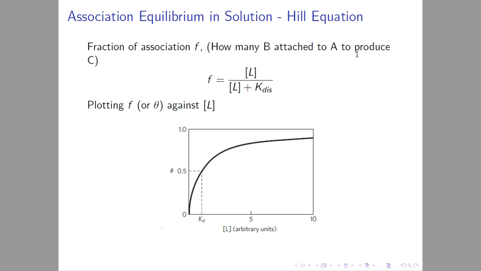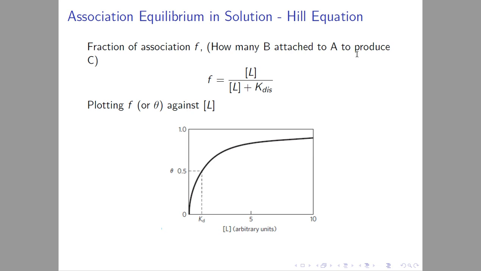From this equation, the fraction F equals L over L plus K dissociation. So using only the ligand concentration, we can get how many ligands are already attached to the protein to become C, the complex.